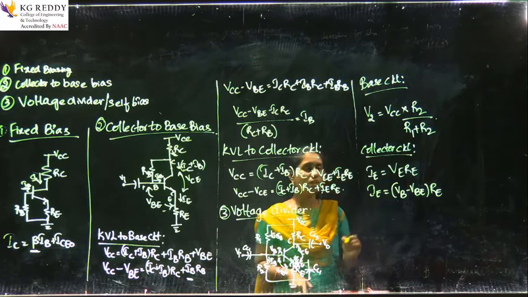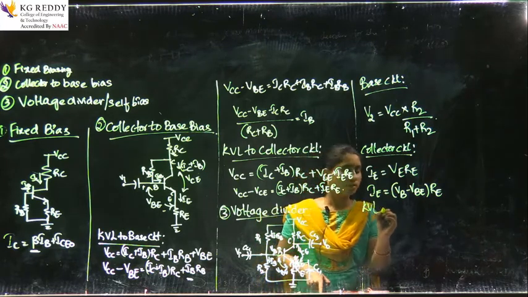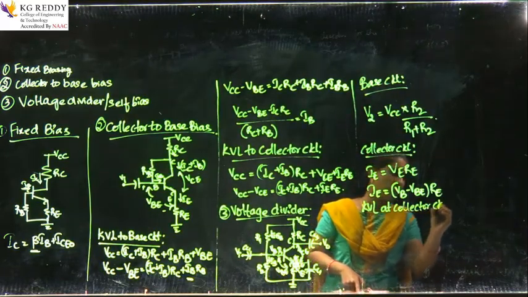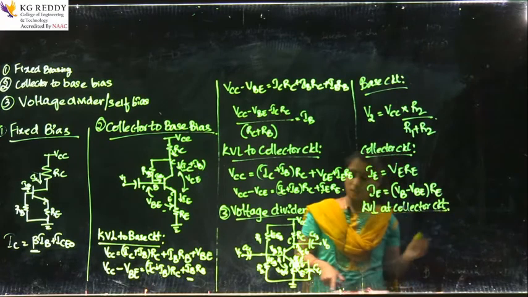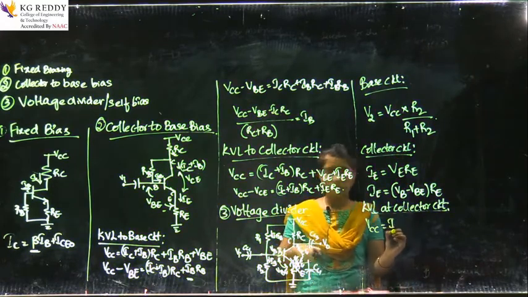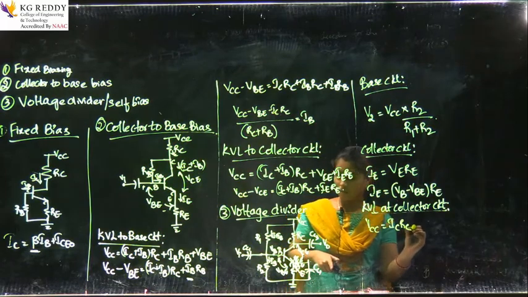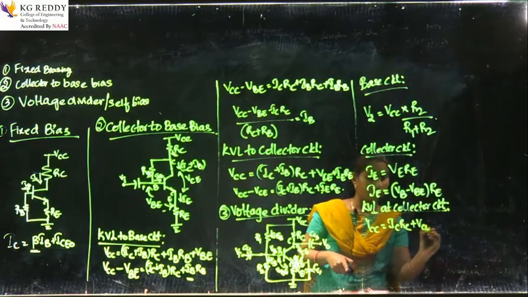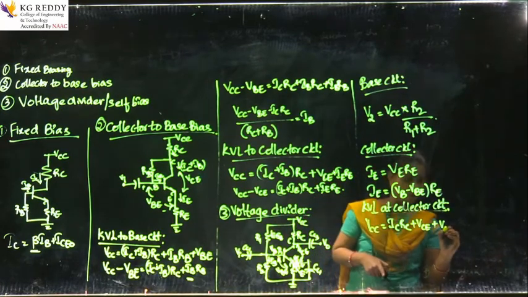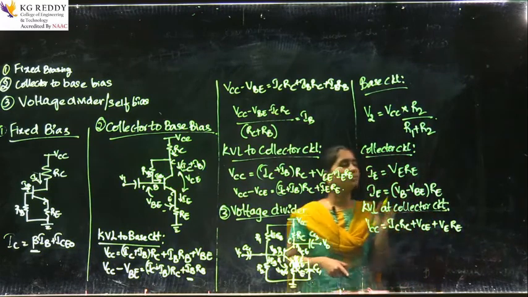Now, apply KVL to your collector circuit. When you apply KVL at the collector circuit, then I will get VCC equals ICRC plus VCE plus VE RE, where VE RE I have written as VB minus VBE.